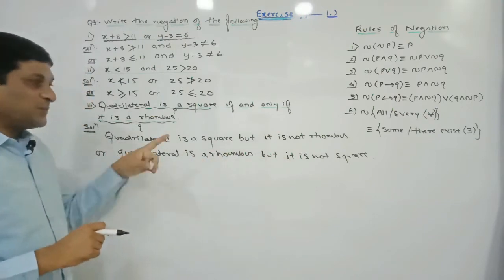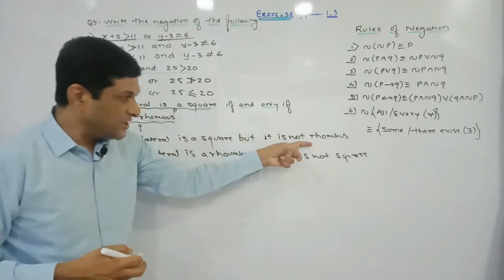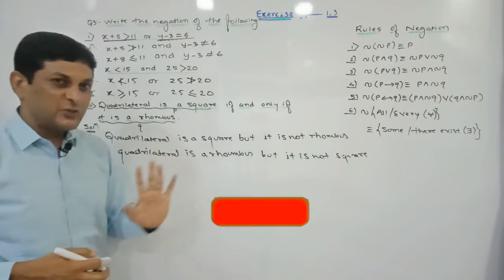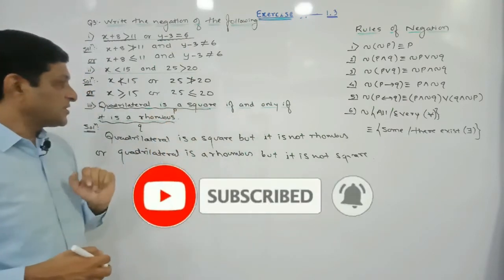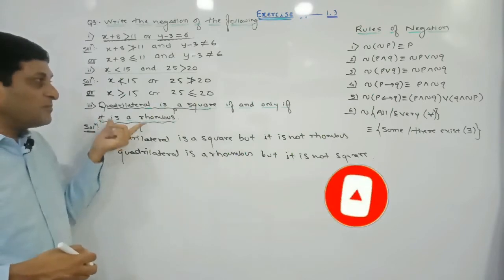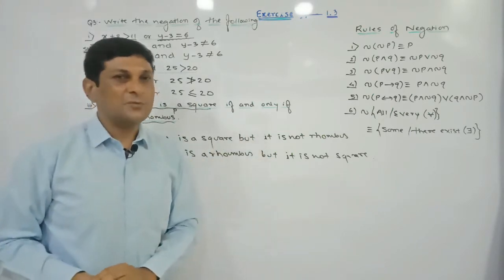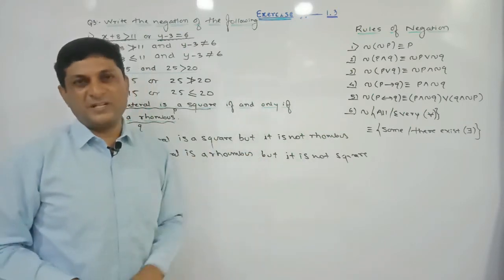It. So in this way we have got the negation of this statement, P and negation Q, or Q and negation P. And means but. So the negation is: a quadrilateral is a square but it is not a rhombus, or a quadrilateral is a rhombus but it is not a square. In this way, using the rules of negation, we are finding the negation of P if and only if Q, or the negation of every statement.